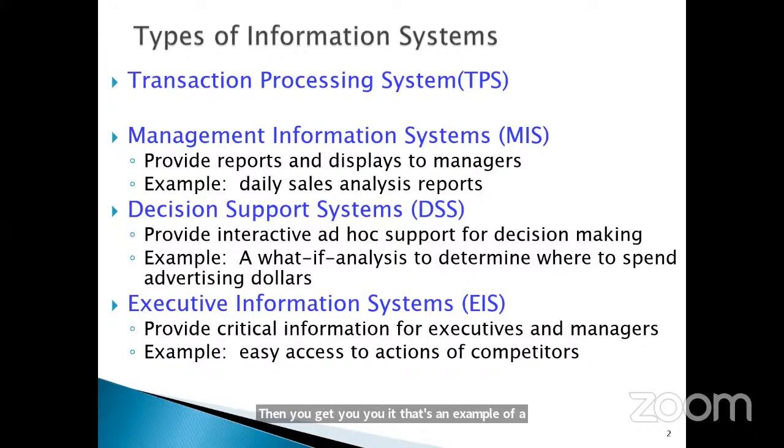And for a management information system, it has to do with the reports that are being provided or displayed to the manager. So the manager has to make a decision based on that information that is given to him. One such example can be the daily sales analysis reports.